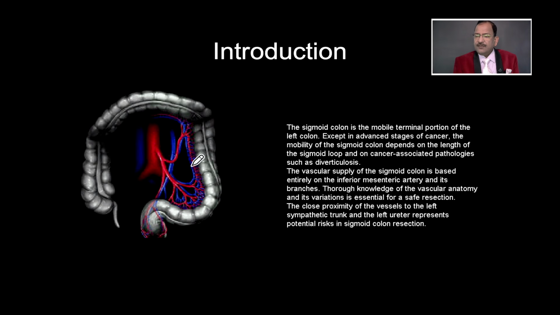Once it travels approximately 3 to 4 cm, it gives its first branch, called the left colic artery. After that, the main sigmoidal trunk gives the marginal artery, which supplies the sigmoid colon.